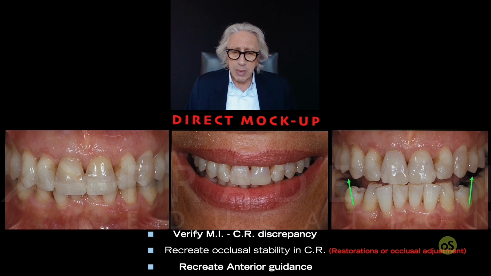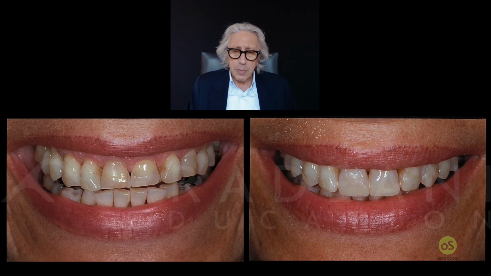We didn't touch natural teeth. So at this point, with the new anterior guidance, with the new length of the incisors, we had the chance to disclude the posterior teeth during excursive movements, recreating a good anterior guidance. Aesthetically it is already better, the patient loved it, the patient wanted to go ahead with the final work.